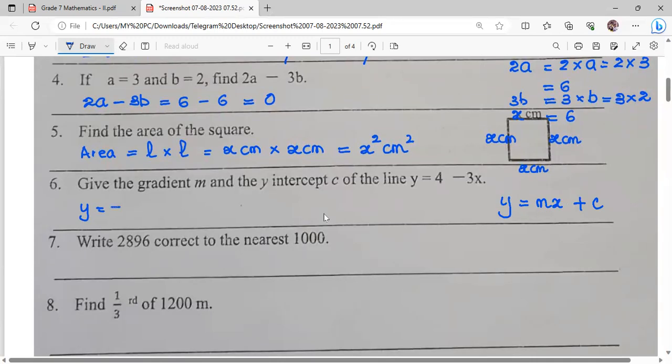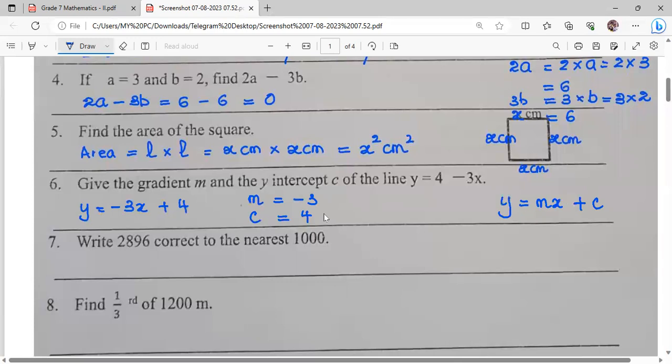So what I do, minus 3x plus 4. I didn't do anything that different, I just rearranged them, right? So then I know the m value or the gradient is the number which I can find in front of x. So then here the gradient is negative 3. And y-intercept c is equal to positive 4.